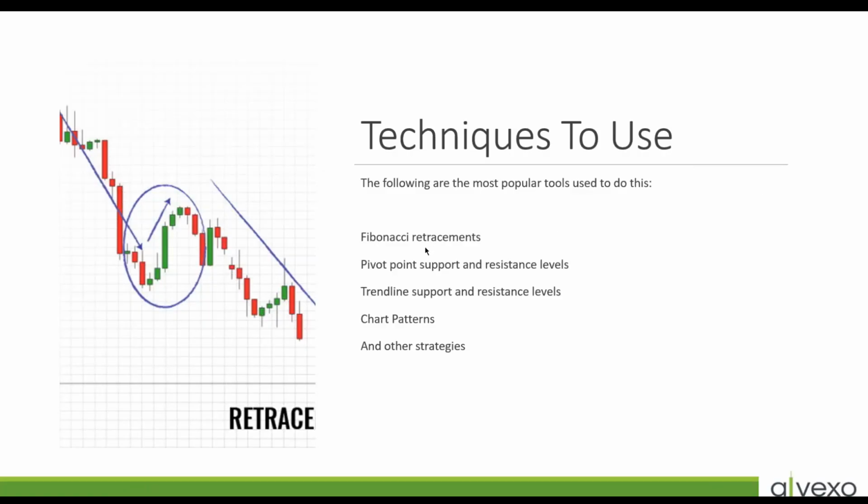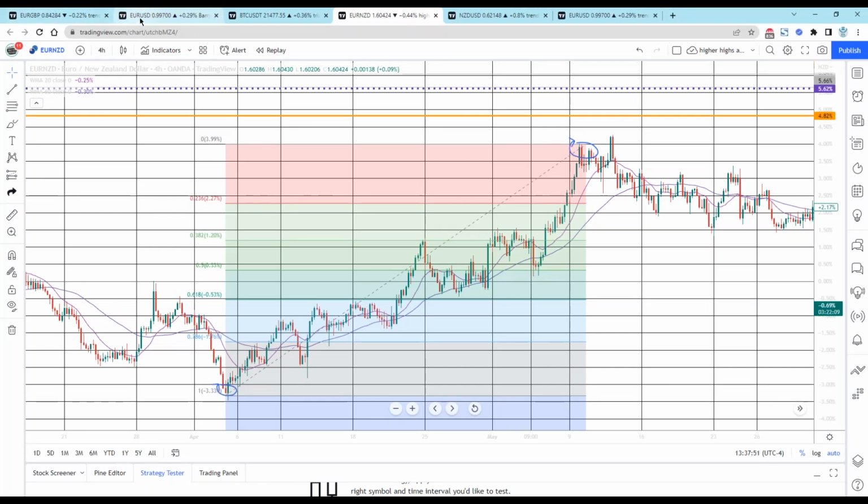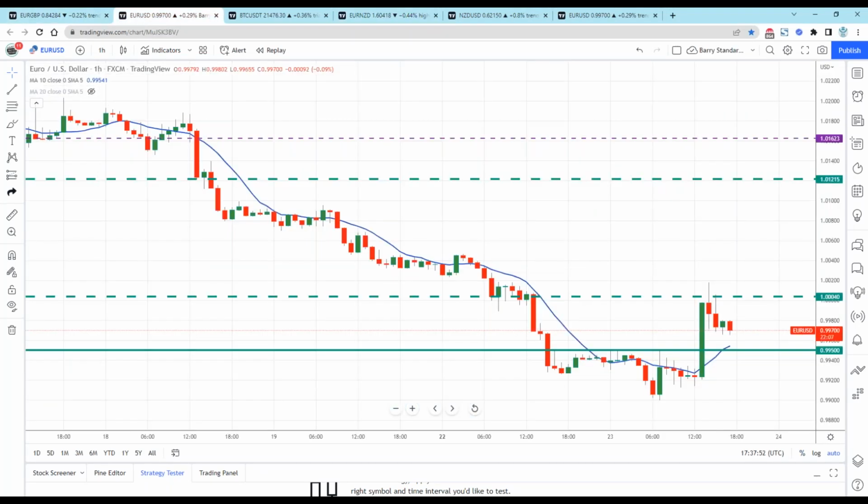So we can use things like Fibonacci retracements, pivot point support and resistance, trend line support and resistance, chart patterns, or other strategies. So let's pop up some live charts here for you. Now, this is my teaching chart, but it also happens to be the chart that I work with.